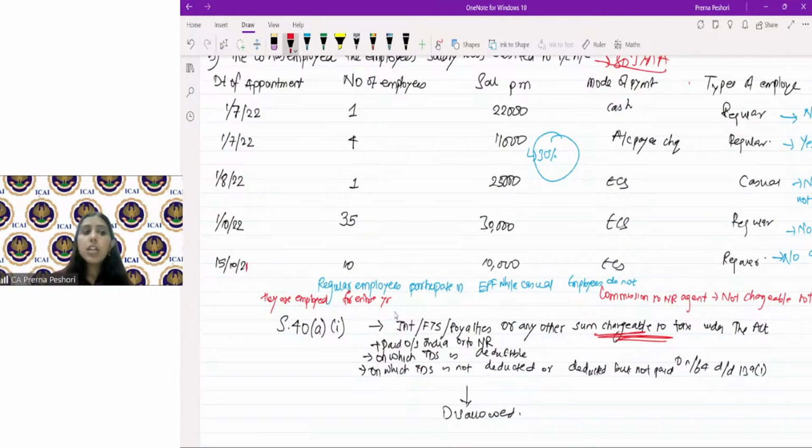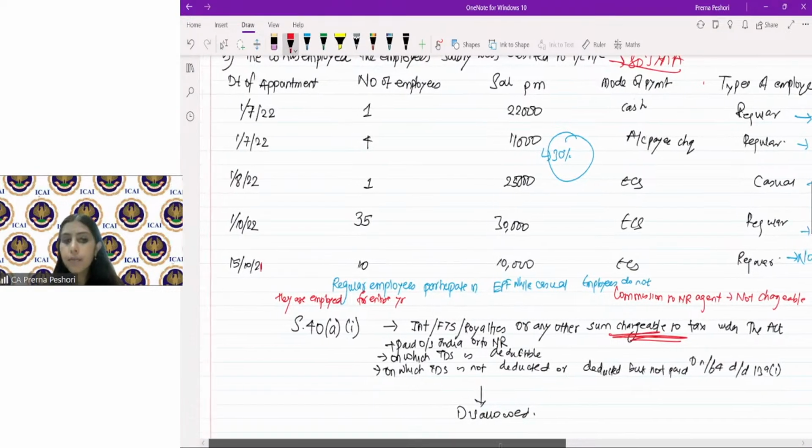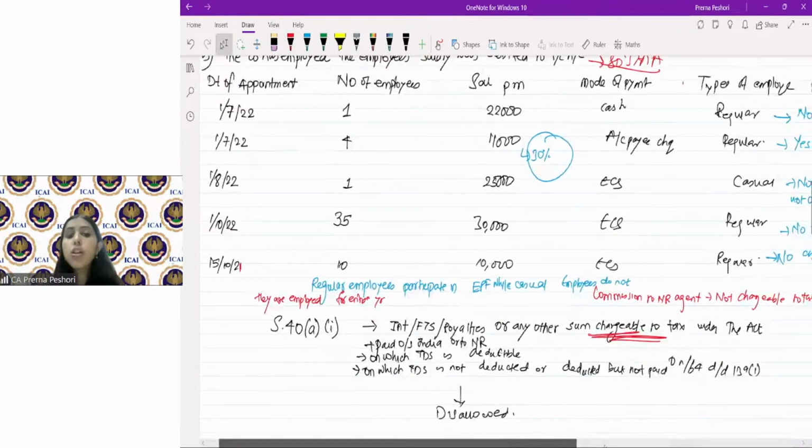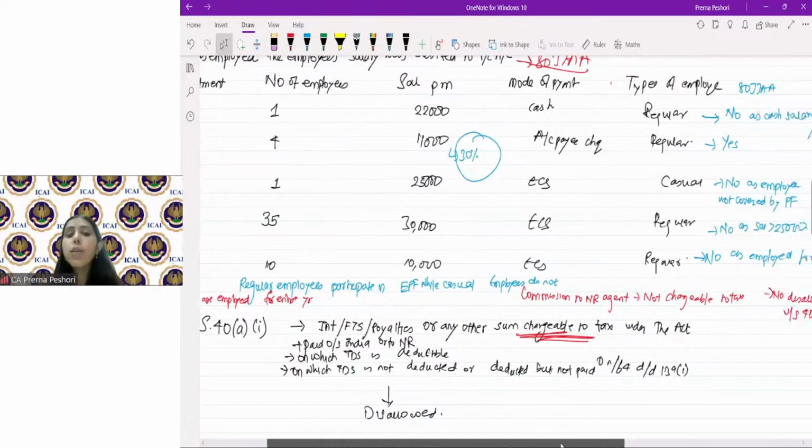So in the last year, they were employed for less than 240 days, but during the current year, they are employed for the entire year. So in this case, the deduction will not be allowed in the last year, but the deduction will be allowed in the current year.